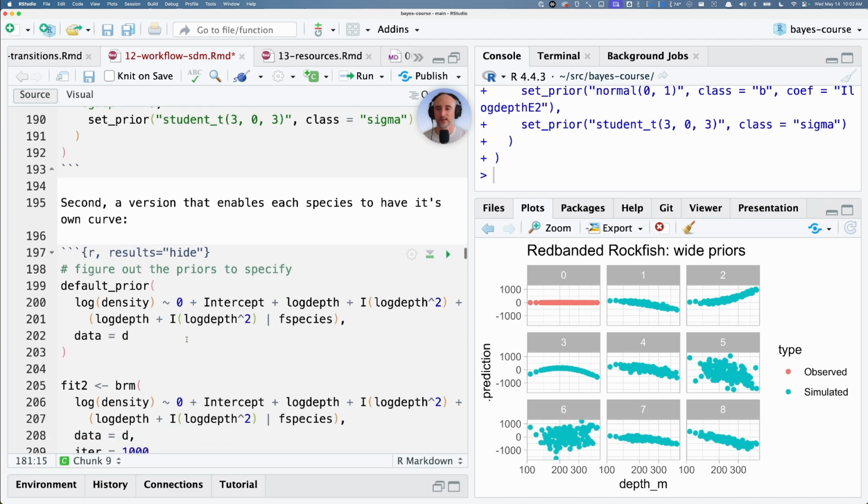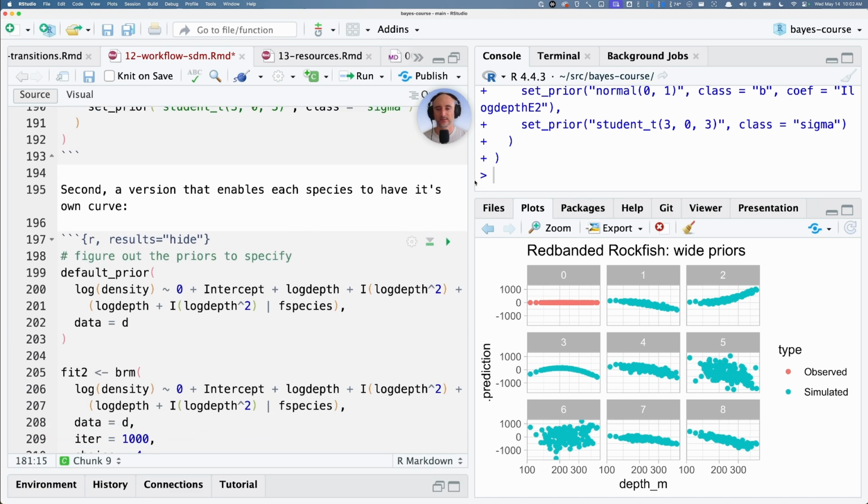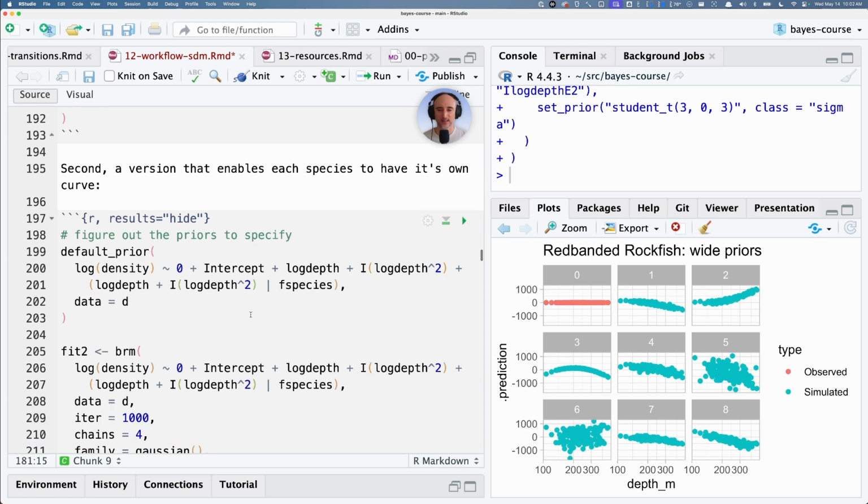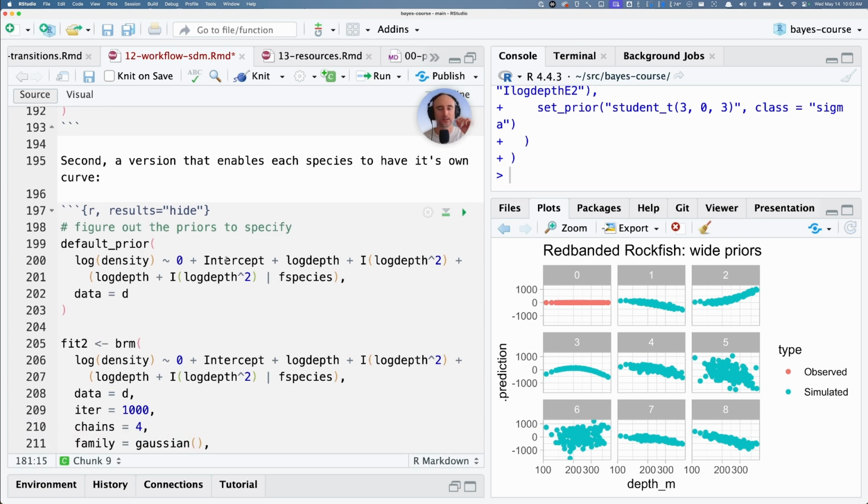So the second model I'm going to fit is going to allow the species to have their own curve, so to have their own relationship between density and depth. And I'm going to do that by taking my depth and depth squared predictors. And this is the syntax you would see in LME4, GLM, TMB.